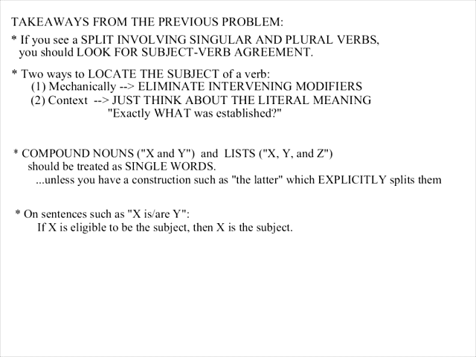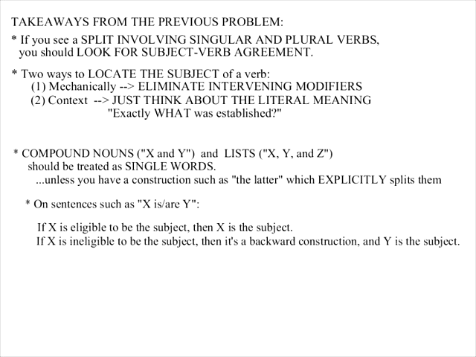If all of X is ineligible to be the subject, then it's a backwards construction, and Y is the subject. So it's definitely a mouthful. There's a lot of stuff going on in this problem.